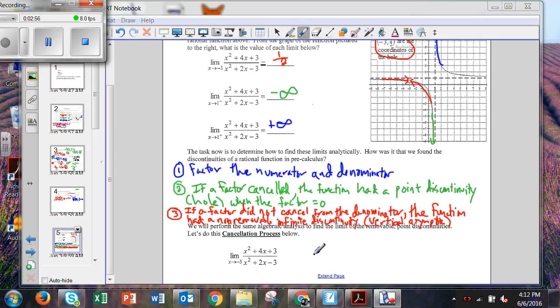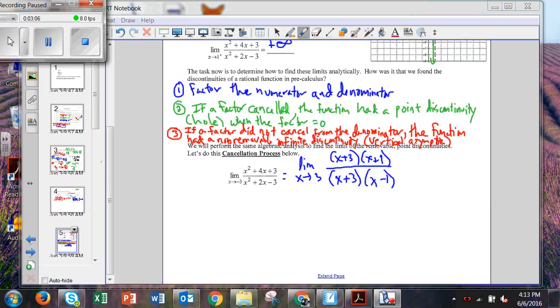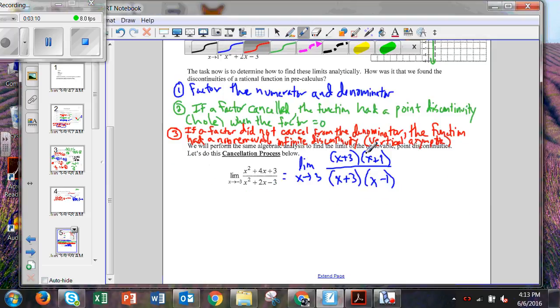We will perform the same algebraic analysis to find the limit of the removable point discontinuities. So let's do the cancellation process below. The first thing I do is factor the numerator and denominator. I notice x plus 3 cancels out.